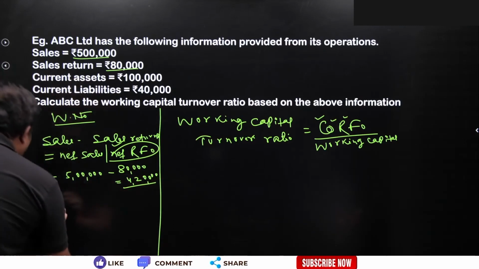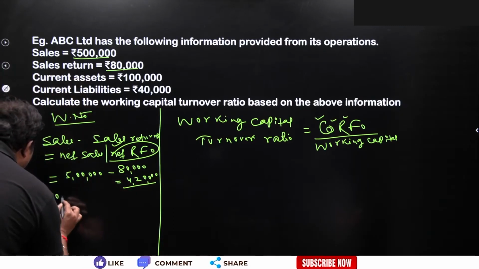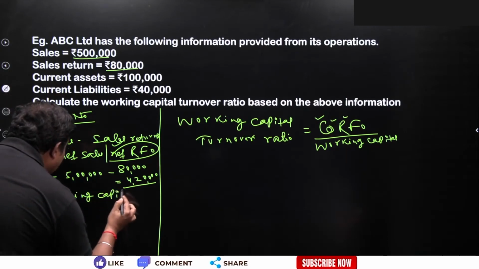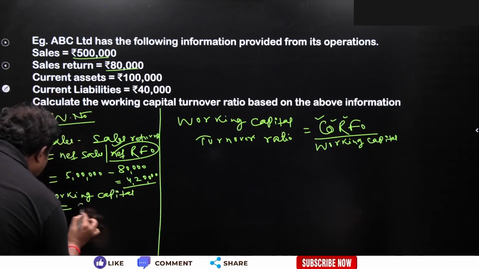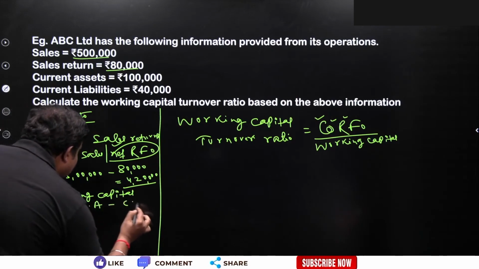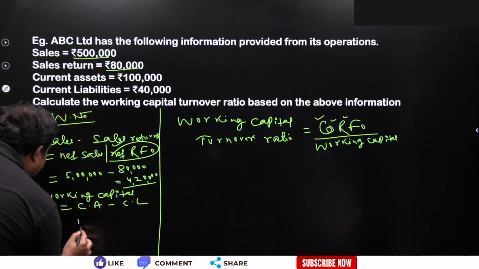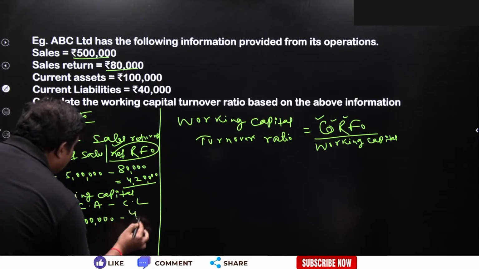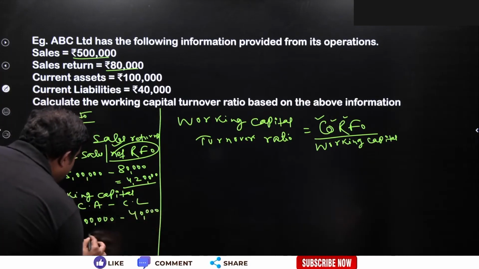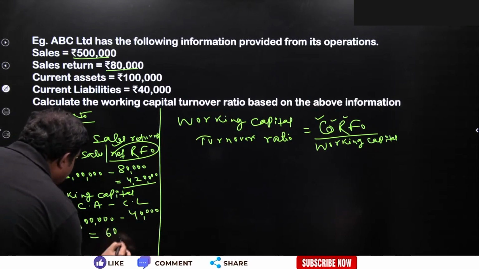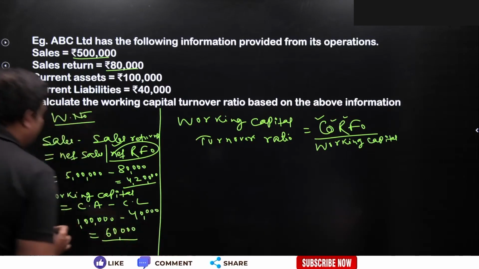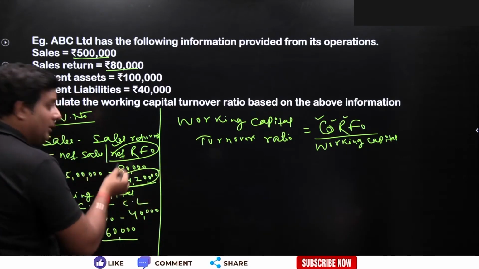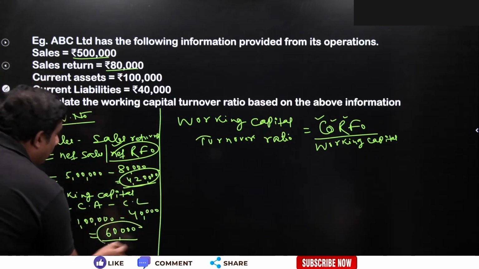Now, in order to calculate the working capital, the formula is current assets minus current liabilities. So current assets CA minus CL. Here the current assets are rupees 1 lakh and current liabilities are rupees 40,000. So the difference would be 60,000, and this is your working capital. So we got to know the net revenue from operation and working capital.